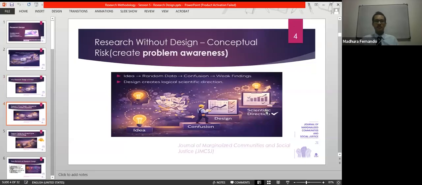This explains research without design. Research without design means you are at a conceptual risk. It creates problem awareness. Like you have ideas, right? We have so many ideas, but they are not research ideas.